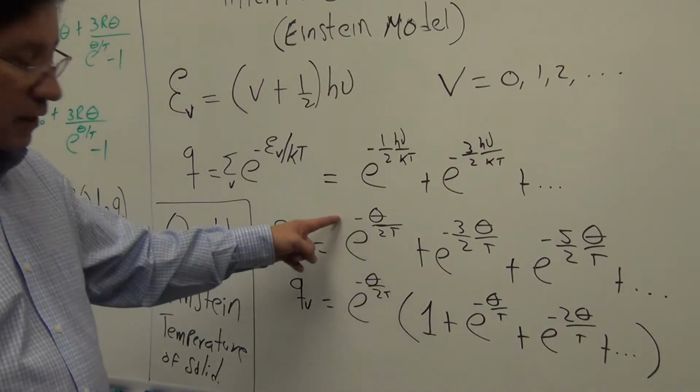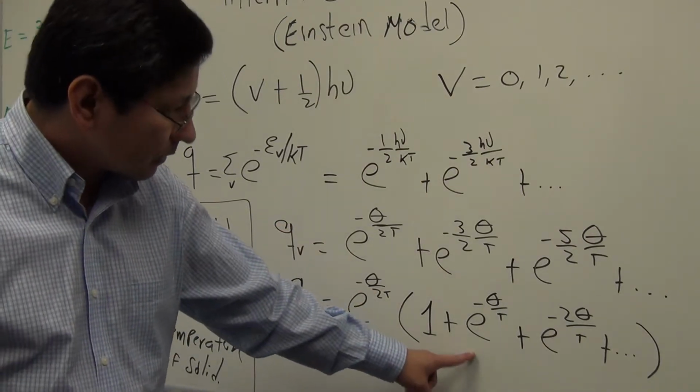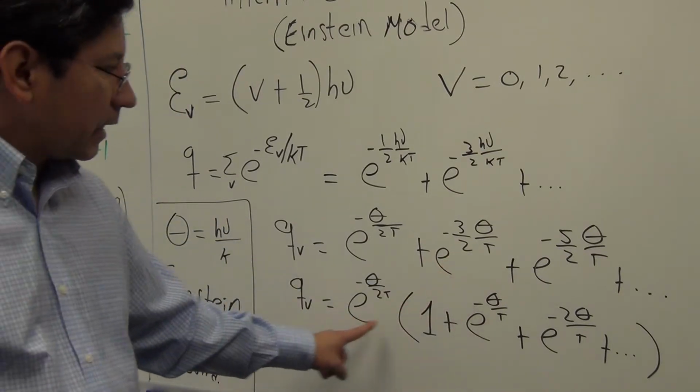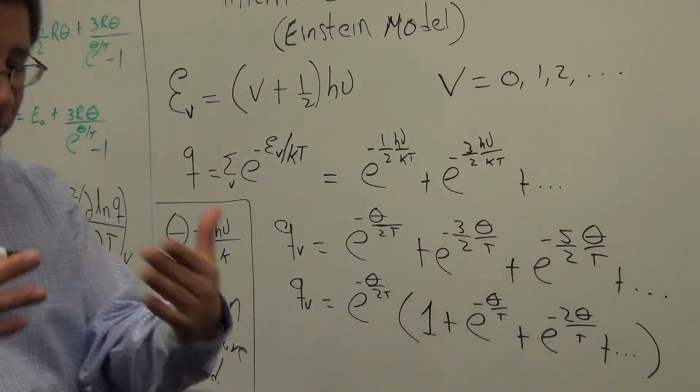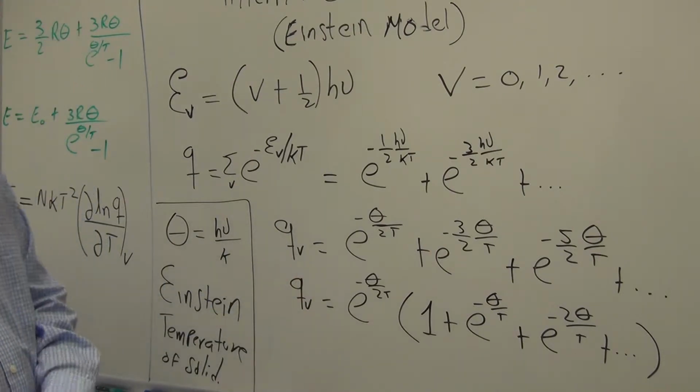Please verify. This times this gives me this. This times this gives me this. This times this will give me this, and so on. So this is a way to represent Q_V.